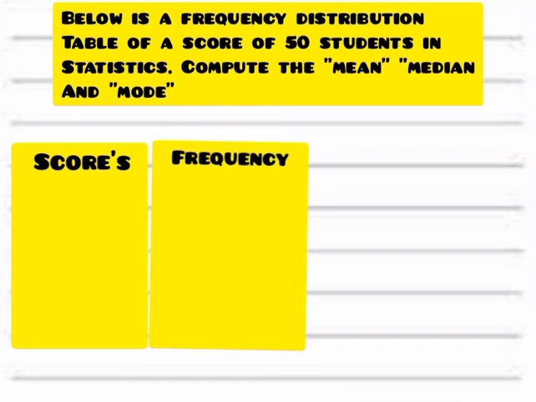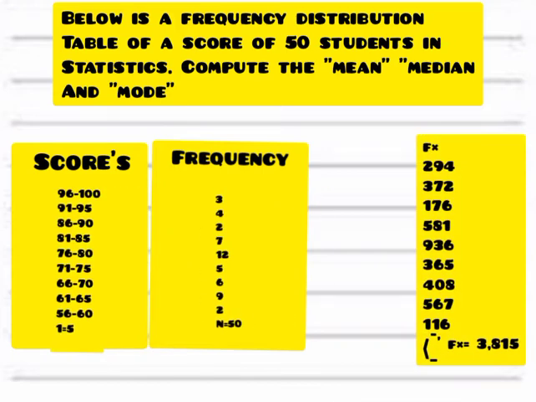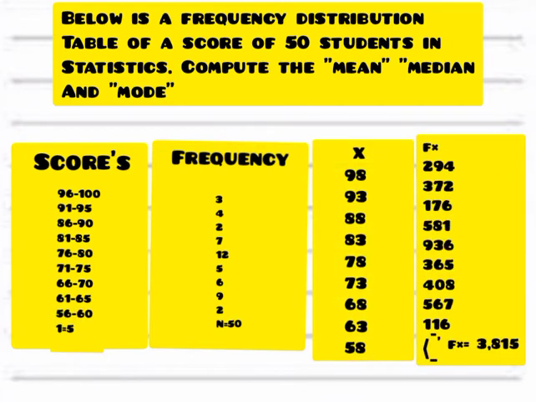As you can see, the lowest possible score that a student can get is 56, and the highest score is 100. For each class we have a frequency, for example for 96 to 100, there are 3 students who got a score from 96 to 100.